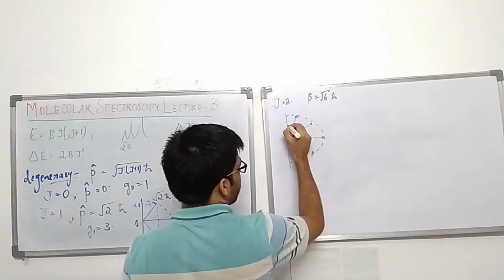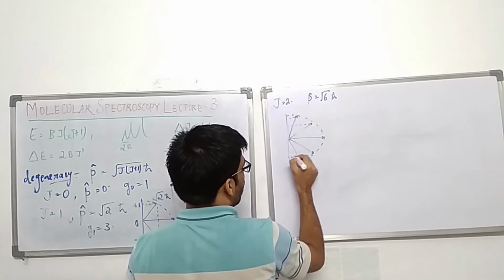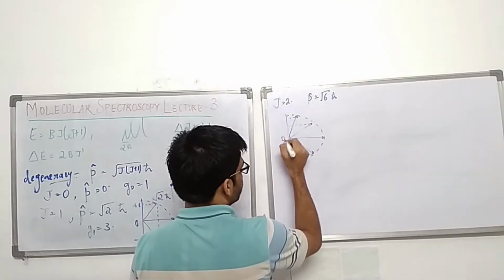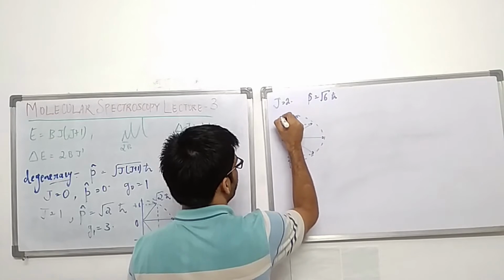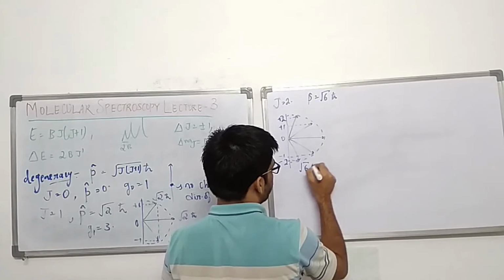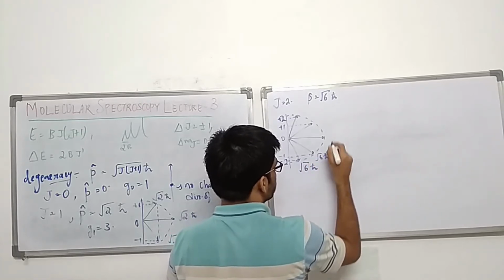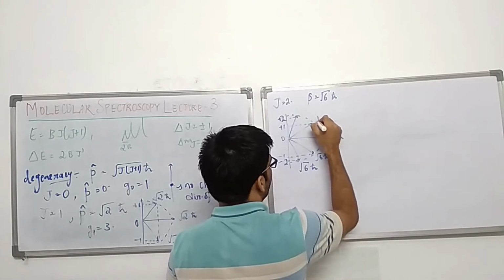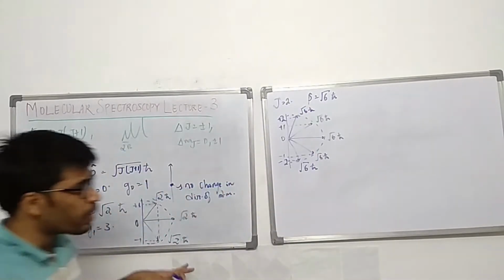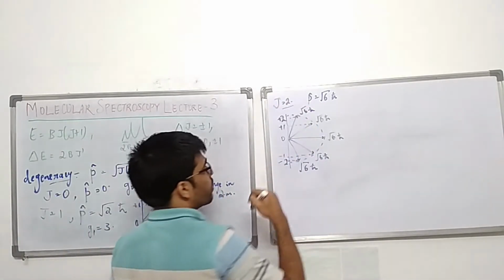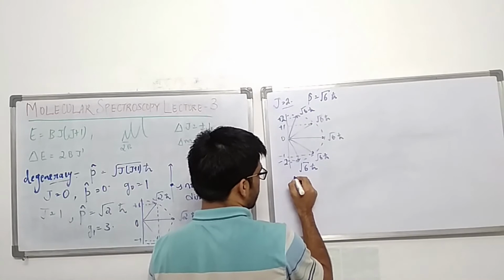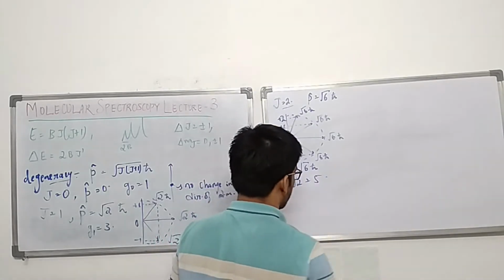Such that if you take the y-axis component of these rotations, these vectors, you would get 0, plus 1, plus 2, minus 1, minus 2, such that all of the values of these vectors are root 6 h cross. Okay, so that means for rotational quantum number 2, there are 5 different types of rotations possible for a diatomic molecule. So that means the degeneracy for this comes to be 5.